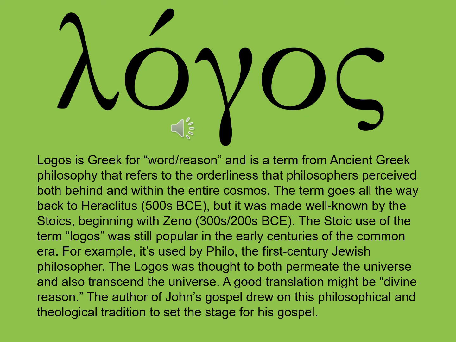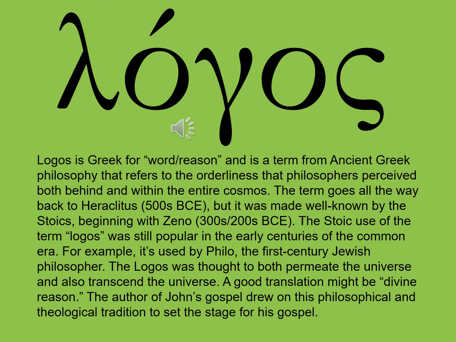So in Stoicism, the term also meant that kind of almost divine orderliness behind the universe. And the use of that Stoic term logos was still popular at the time of John's writing in the early centuries of the Common Era. For example, it's used by Philo of Alexandria, who's a first century Jewish philosopher.